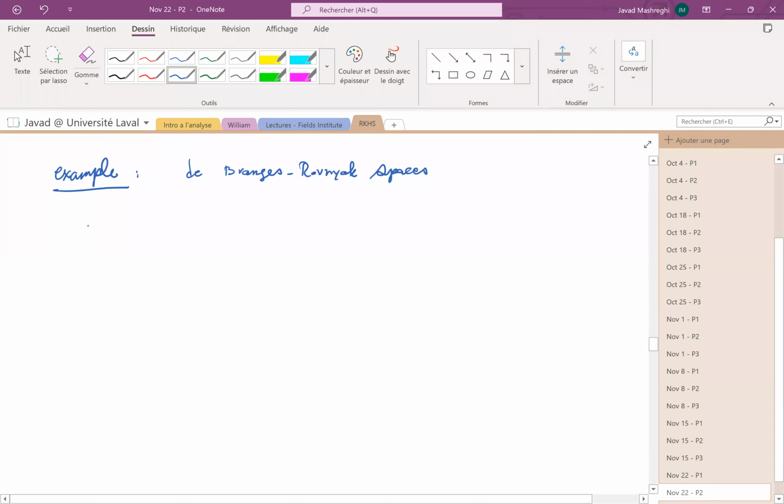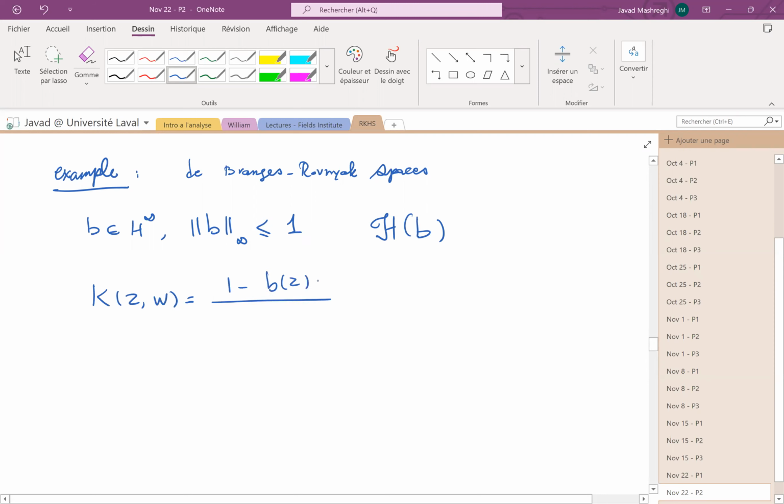For these spaces, we consider b as an element of H infinity, but with norm less than or equal to 1, so in the closed unit ball of H infinity. The space is called HB, and the kernel is (1 minus b(z) b(w) bar) over (1 minus z w bar).